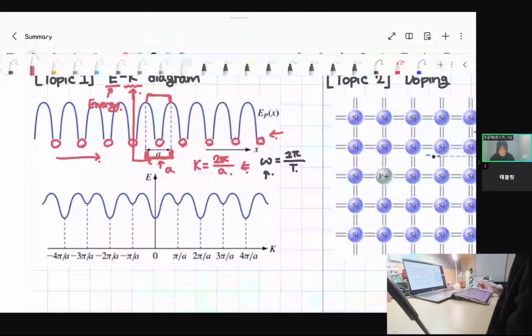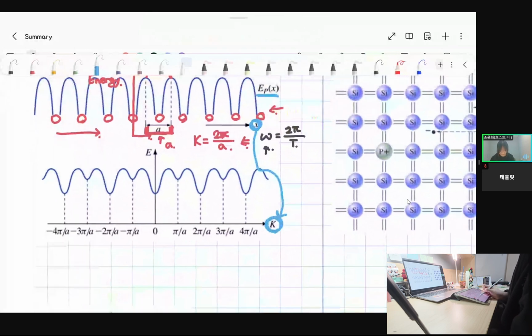So by redrawing the X domain into the K domain, we can get the same period.